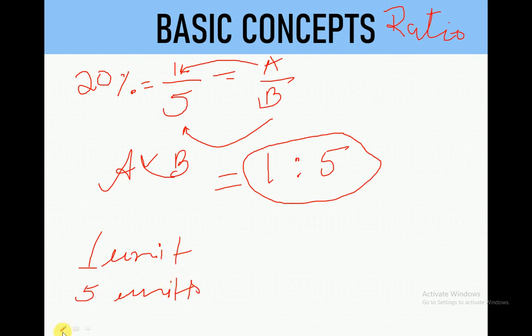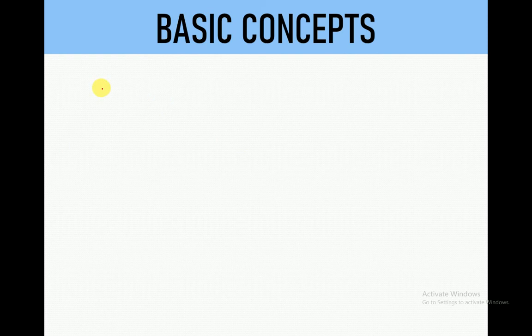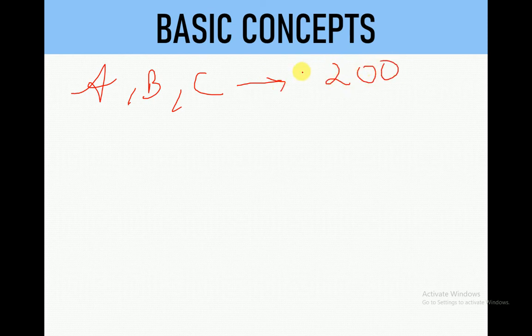Suppose I take an example: 3 persons A, B, C have 200 rupees with them, and they decide to split it in the ratio 2:3:5 respectively. A gets 2 parts, B gets 3 parts, and C gets 5 parts.